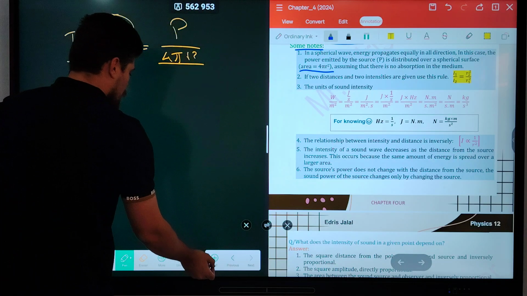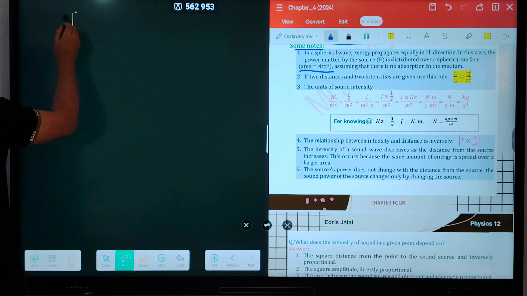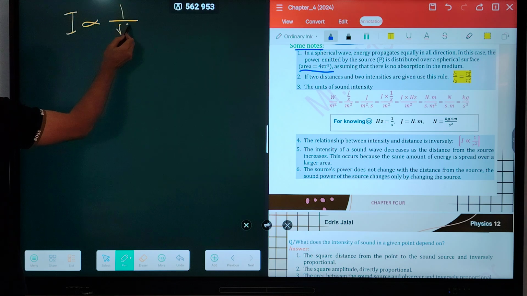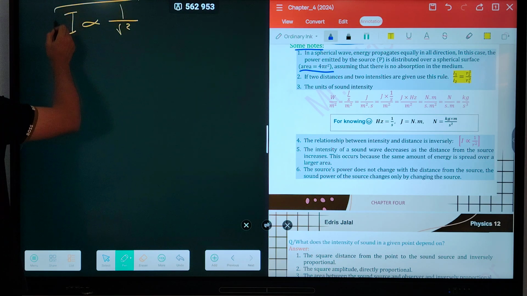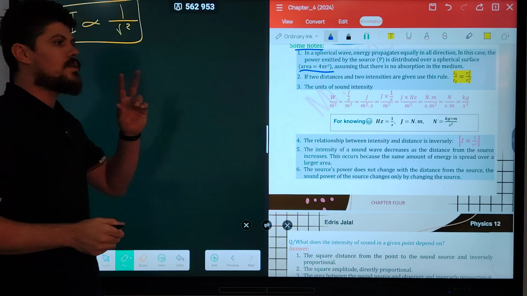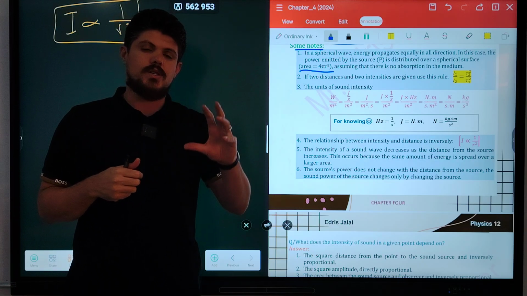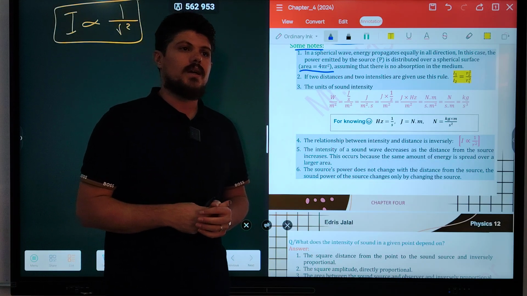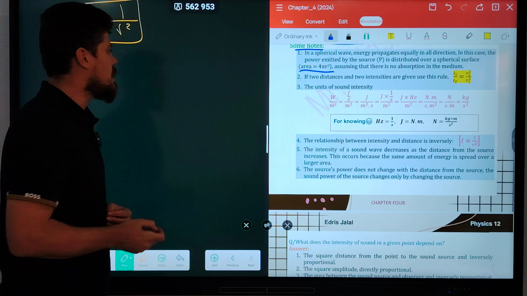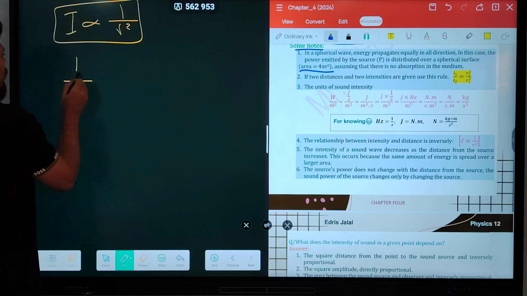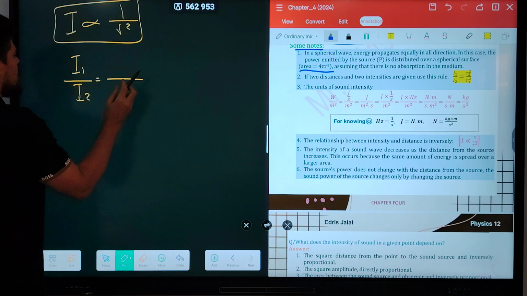Guys, as I told you, the relation between the square distance and intensity is inverse. When two intensities or two distances are given in the question, how can you determine the second intensity or the second distance? By using this equation: I1 over I2 is equal to R2 square over R1 square.